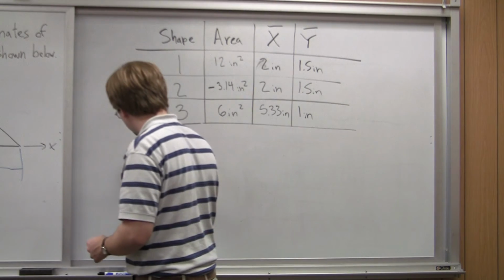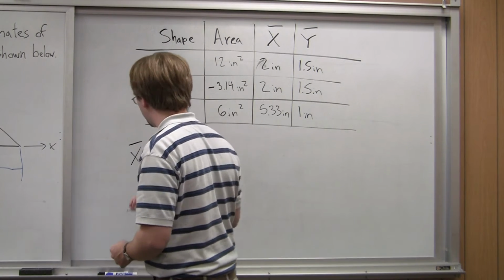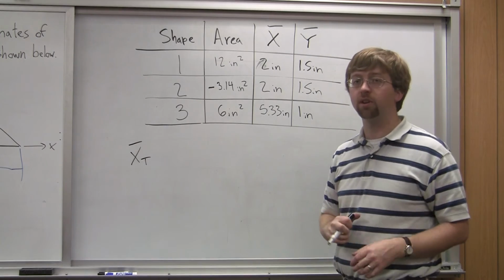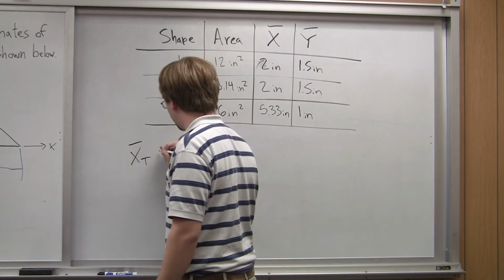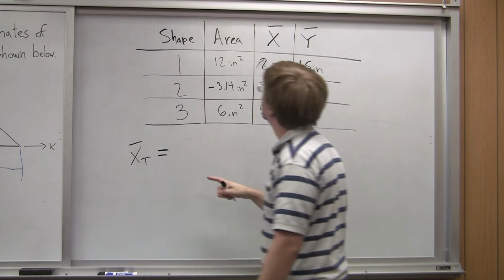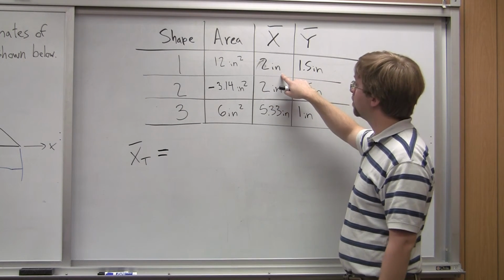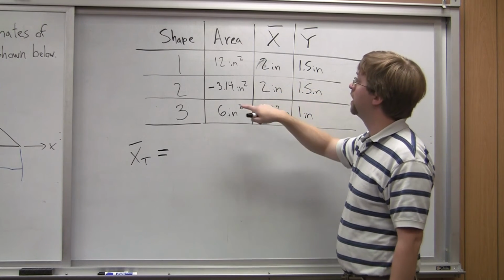So x bar t, the x-coordinate for the overall centroid of the shape, is going to be equal to the sum of area times x bars over the sum of the areas.